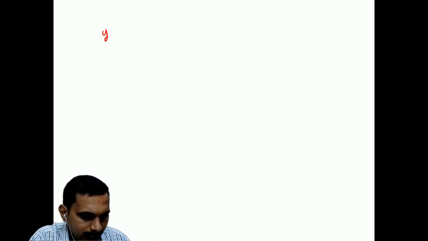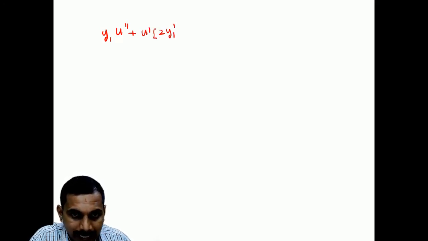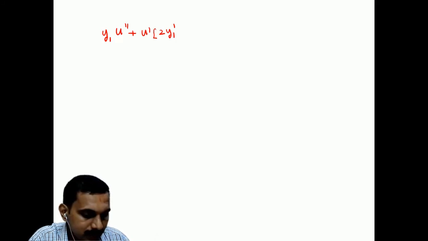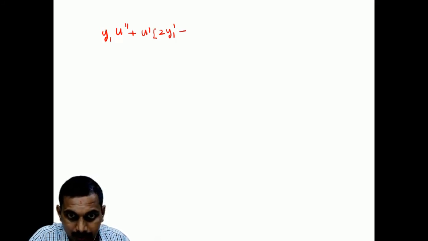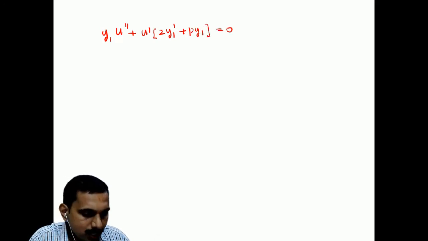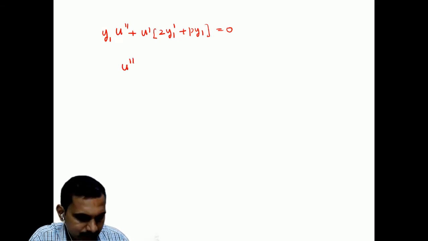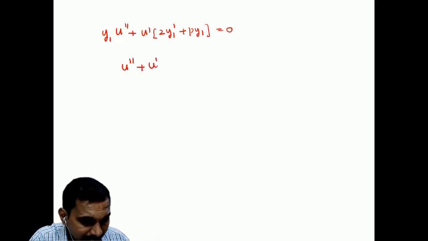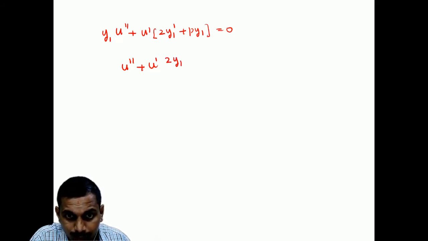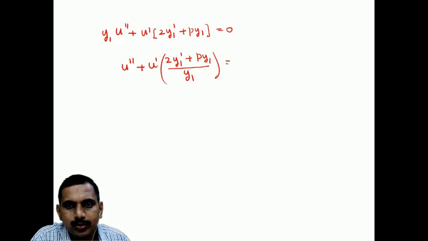So now what has happened? We have got from the last one y1 into u double dash plus u dash into 2 y1 dash plus p y1 was equal to 0, correct? So let us have this as u double dash plus u dash into 2 y1 dash plus p y1 divided by y1 is equal to 0.